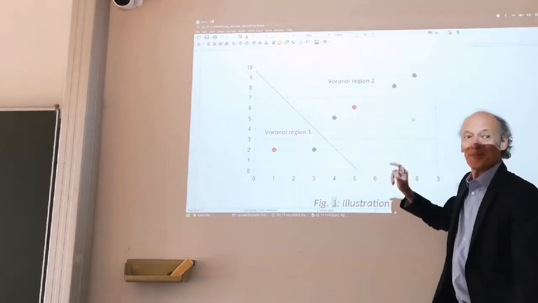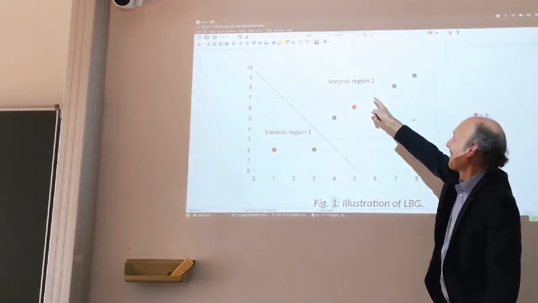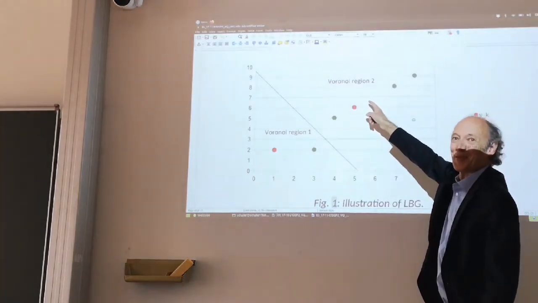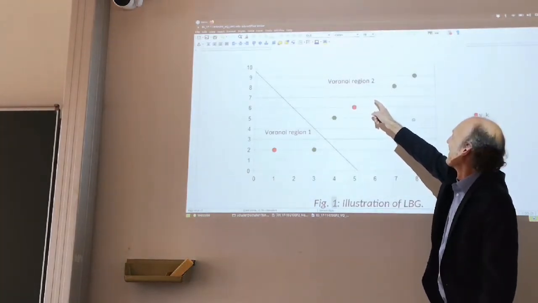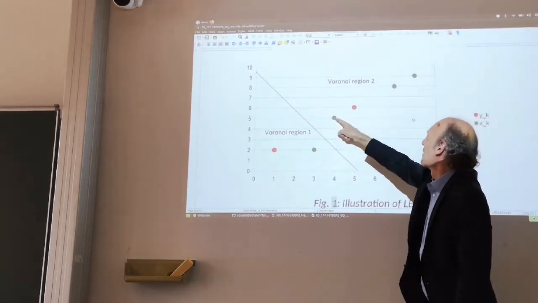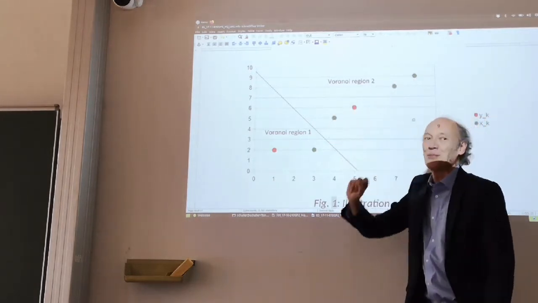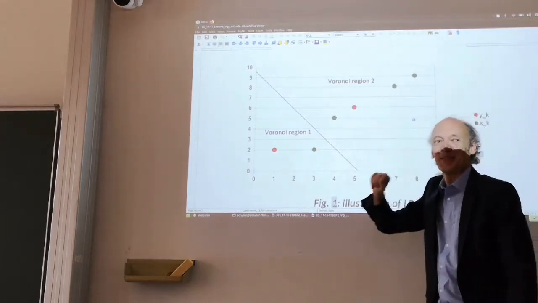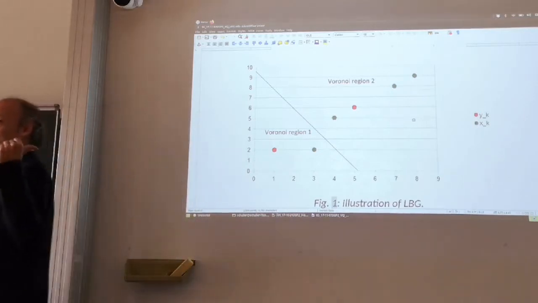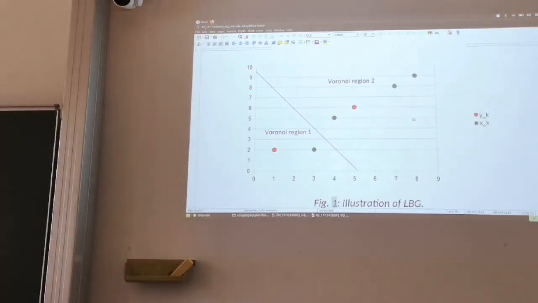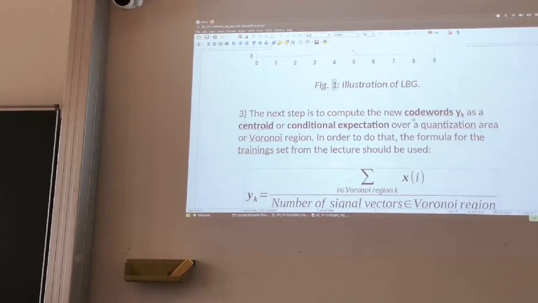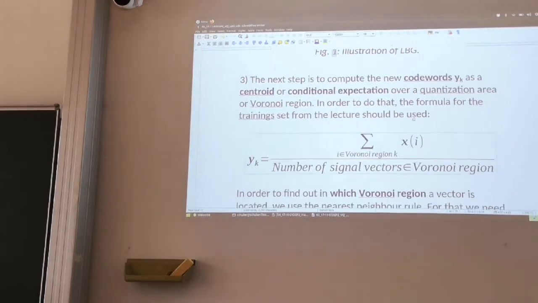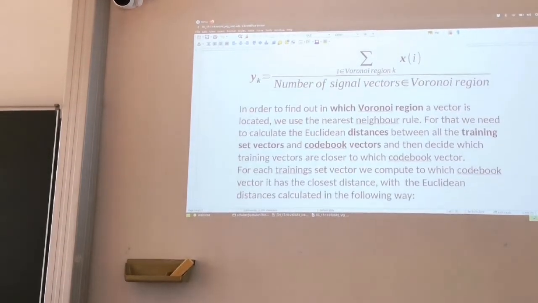No, a little lower. So basically it should be the average between those three signal points, right? I guess it's somewhere here. You see that? So that's what we did here. So we compute the code words using this average over the Voronoi region.